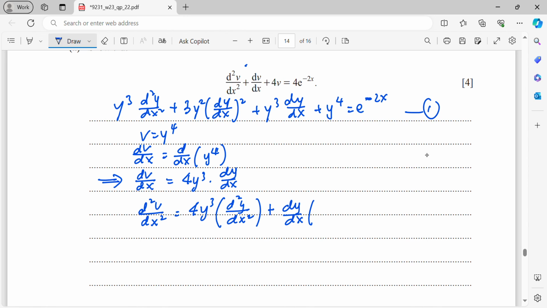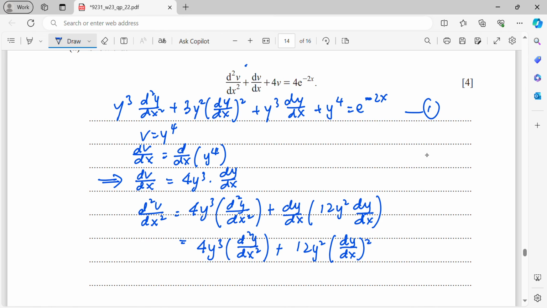Differentiating 4y cubed with respect to x gives 12y squared dy over dx. That is the chain rule. Then from here, I will get 4y cubed d squared y over dx squared plus 12y squared times the square of dy over dx. This is my second derivative.